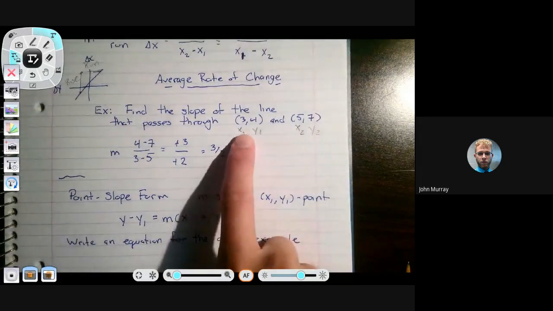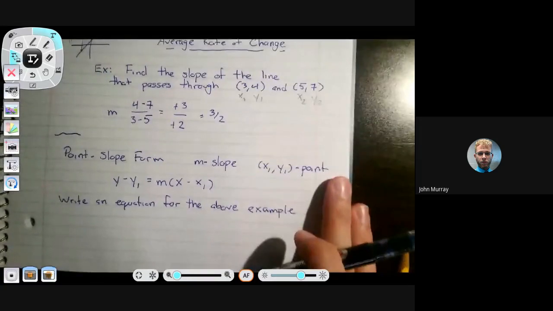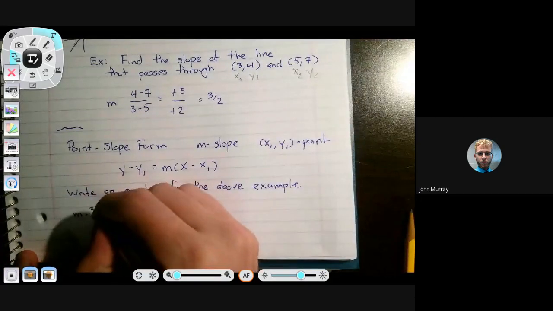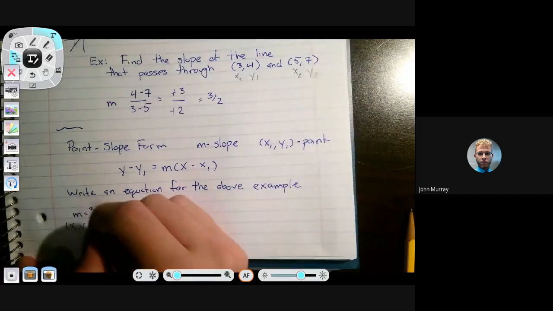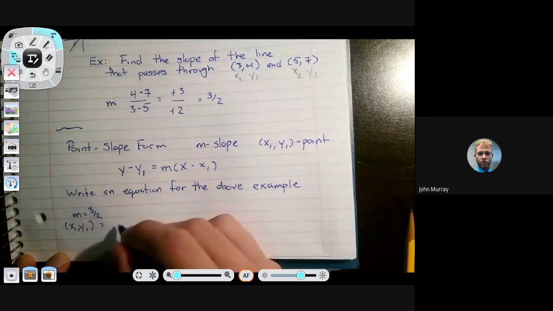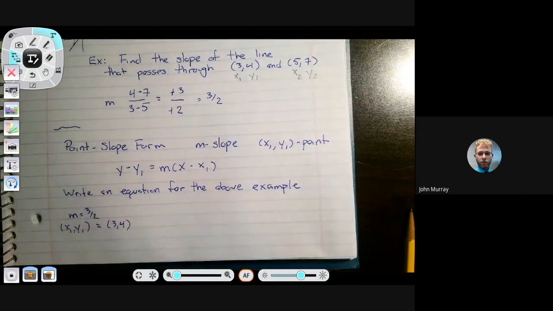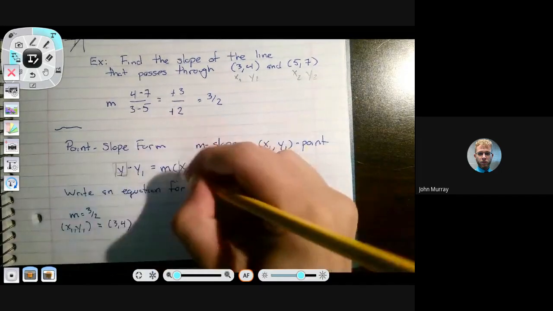Okay, so I'm going to write it down just so we have it organized. Our m, we said, was 3/2, and my x1, y1 is going to be (3, 4). With point slope form, this is an equation. I still need a y and an x in it, so this is going to stay y, and this is going to stay x.